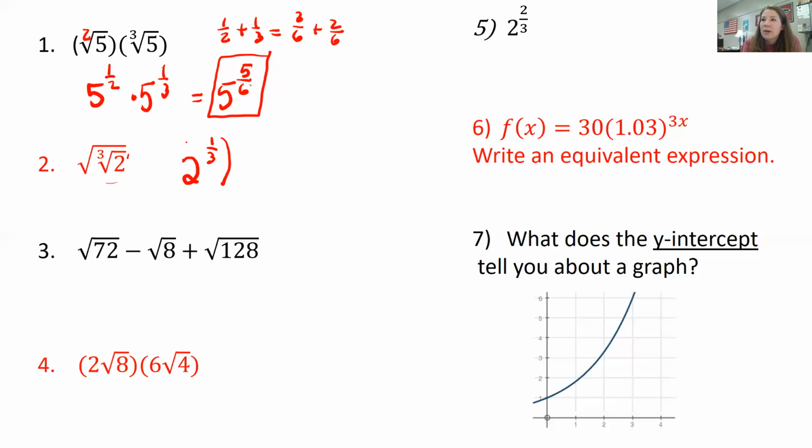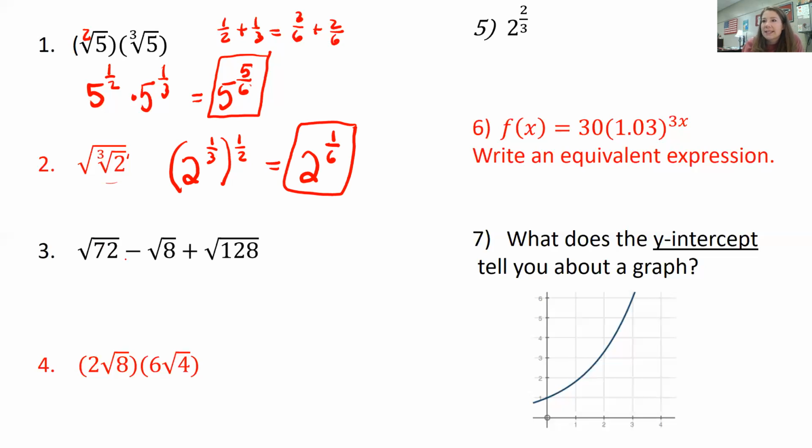And then the square root is always going to be an exponent of 1/2. So now we have a power raised to a power. What is the rule for a power raised to a power? You multiply those exponents. So 1 times 1 is 1 and 3 times 2 is 6. So that is the answer.